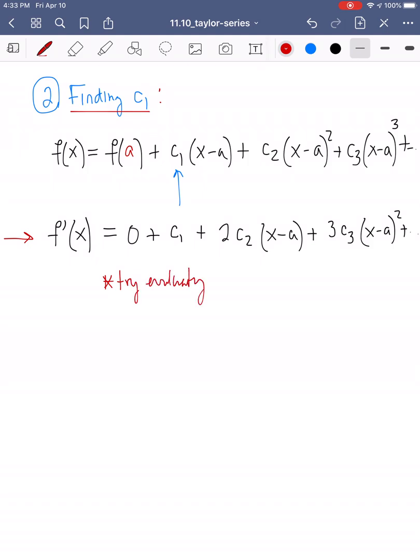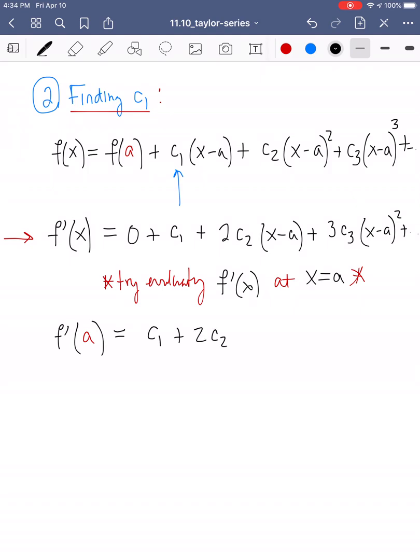If we try evaluating the derivative at x equals a again, every term on that right-hand side is going away except for that c1.